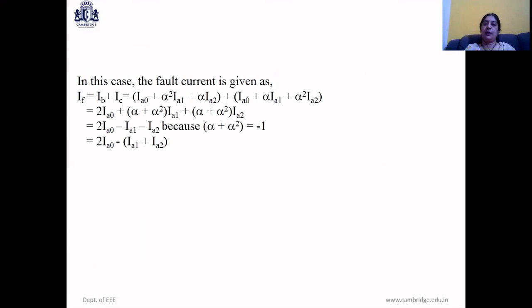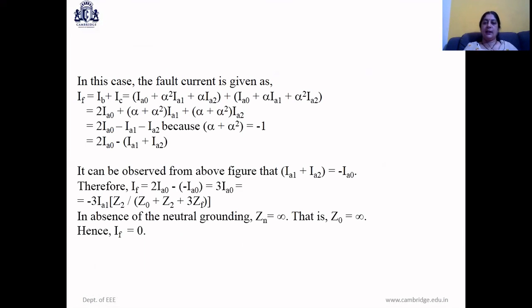Substituting for IB and IC in terms of the symmetrical components, we get the fault current as 2 IA0 minus (IA1 plus IA2). IA1 plus IA2 is nothing but equal to minus IA0. So substituting, we get IF equal to 3 times IA0. Finally, substituting the value for IA0, IF is minus 3 times IA1 Z2 by Z0 plus Z2 plus 3 ZF.